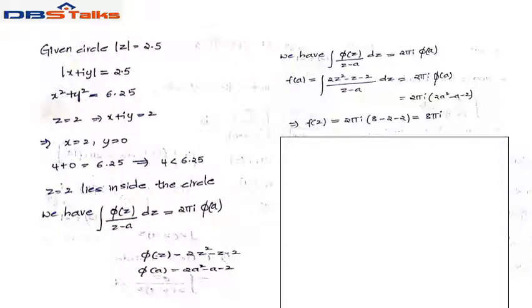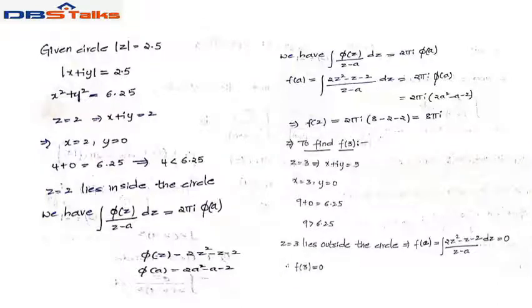So f of a is 2 pi i phi of a, where phi of a means 2a square minus a minus 2. Here a is 2. Therefore, f of 2 equal to 2 pi i into, substituting a equal to 2, we get 8 pi i. So, f of 2 equal to 8 pi i.